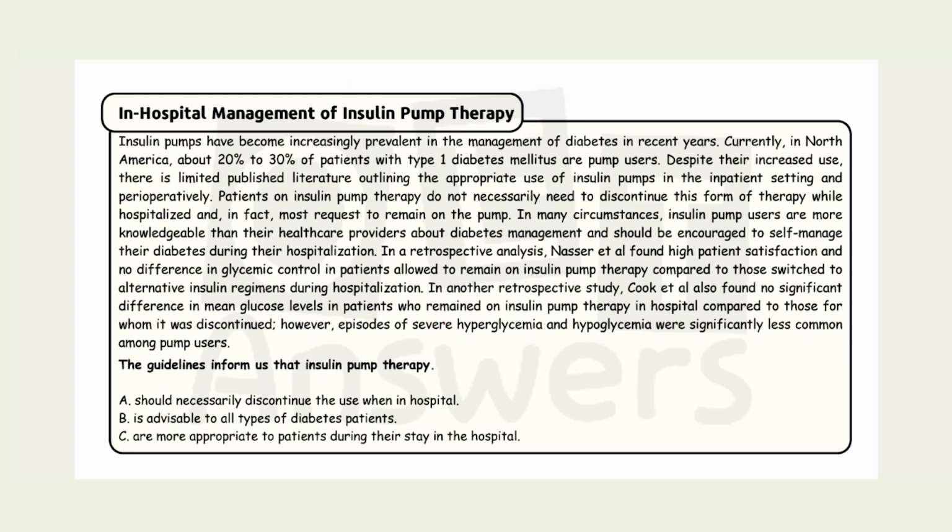All right, next you can look at the answer options. Option A, should necessarily discontinue the use when in hospital. Option C, are more appropriate to patients during their stay in hospital. And option B, it's advisable for all types of diabetes patients.